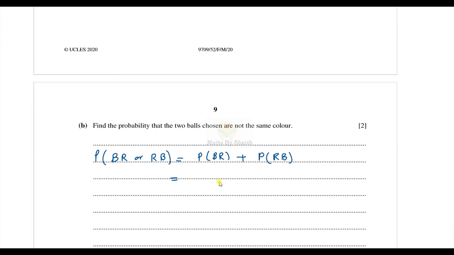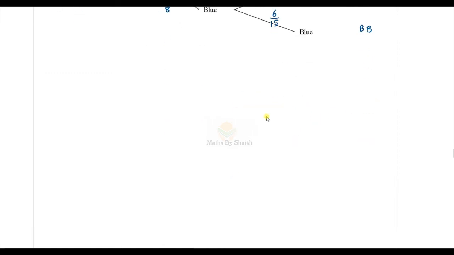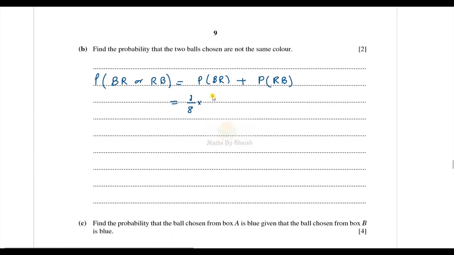What is the probability of blue from the first box A? That was 1 over 8. And when we are taking red from box B, we can see it is 9 by 15. So 1 over 8 into 9 by 15, plus red ball from box A was 7 over 8, and blue ball from box B was 5 over 15.